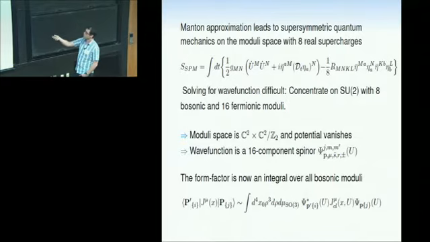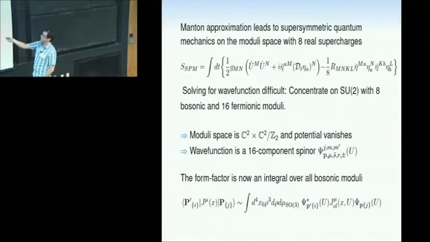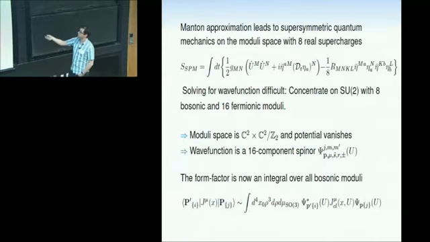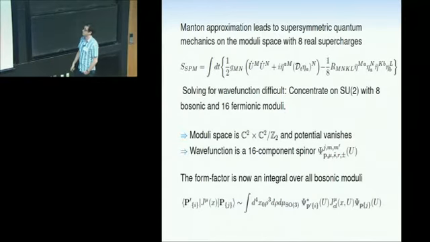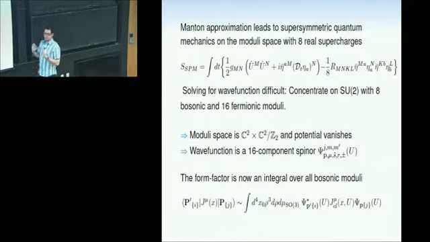It's a theory with 8 real supercharges. And as you can see, there's a kinetic term here for the bosonic collective coordinates, and also kinetic terms for the fermionic collective coordinates, some potential term, and the geometry of the moduli space is very explicit in the metric of the moduli space here, and also a Riemann curvature tensor for the moduli space. So in principle, we'd like to evaluate the full wave function on this moduli space. This is very difficult for generic theories.